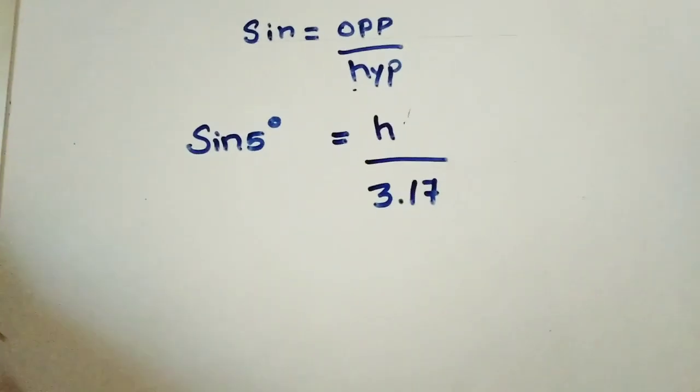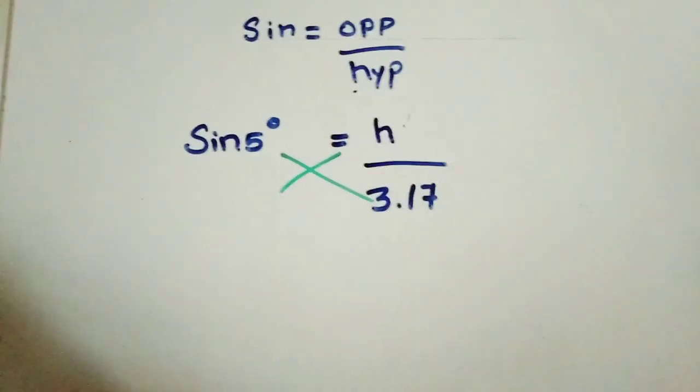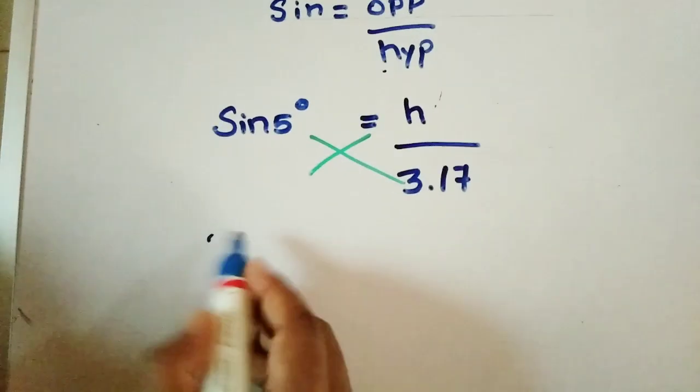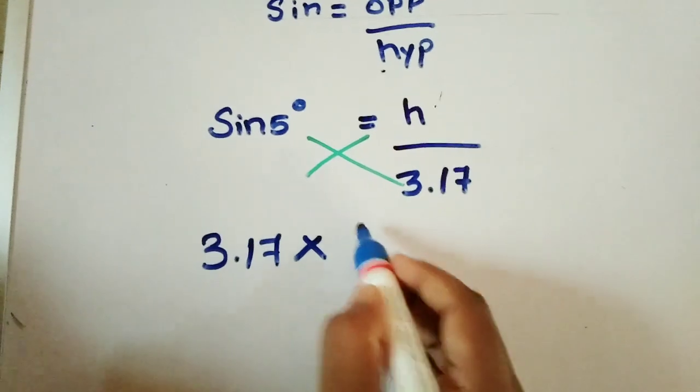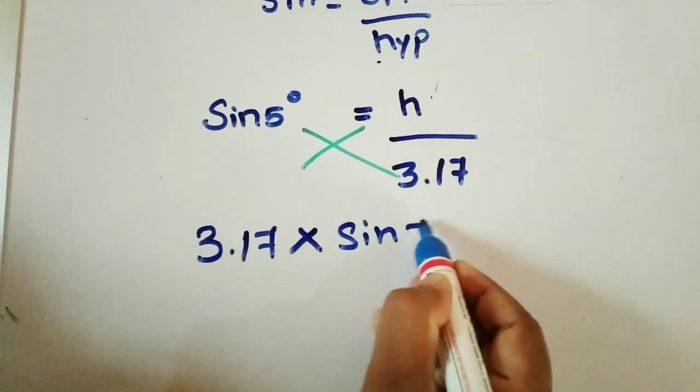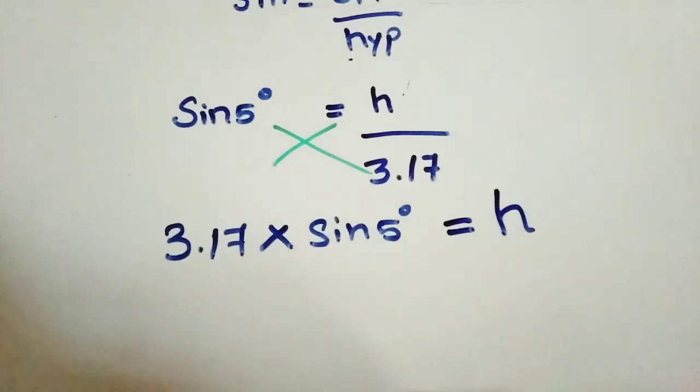Now how can we find this h? We have to cross multiply it. When we cross multiply, 3.17 into sine 5 is equal to h.